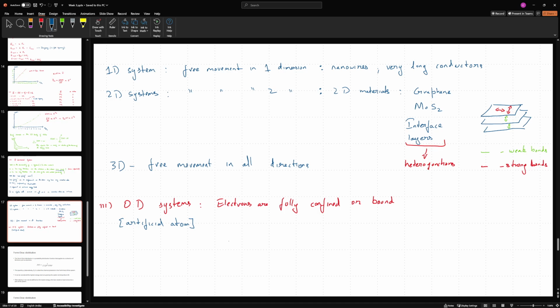So in a 0D system, the most common example is quantum dots, which have been around for almost 30 years now. So we have only discrete energy levels.